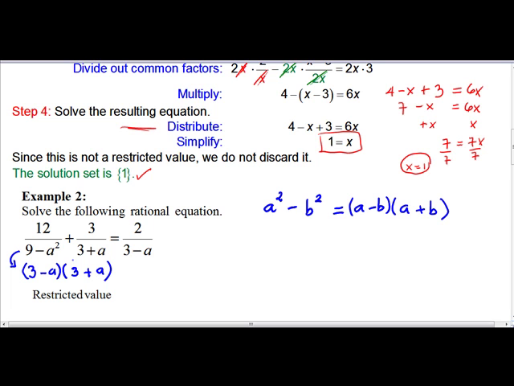The best way to do it is to take this denominator, 3 minus a times 3 plus a, and set it equal to 0, because for restricted values we're looking for any value that makes the denominator equal to 0. So I have 3 minus a equals 0, or 3 plus a equals 0. Right here a equals 3, and right here a equals minus 3.